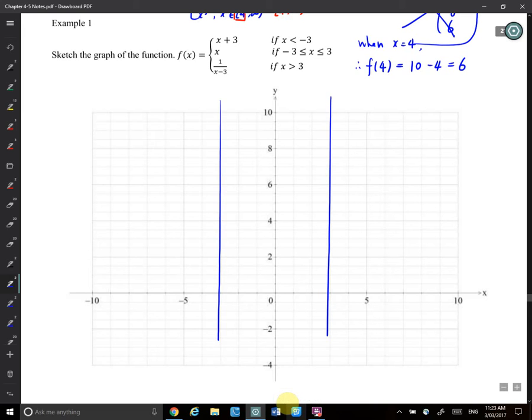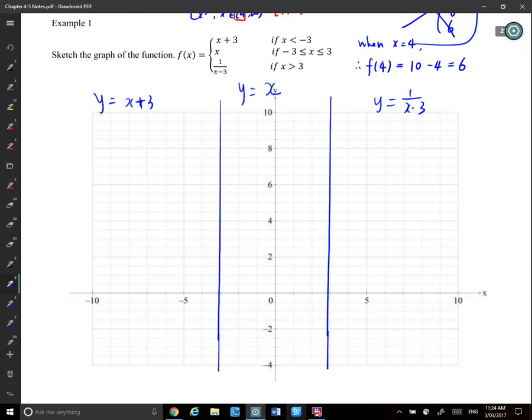In this section I have the rule x plus 3, and in the middle part you have x, so y equals x, y equals x plus 3, and when it's greater than 3 you have y equals 1 over that. So your graph shows 3 different parts.